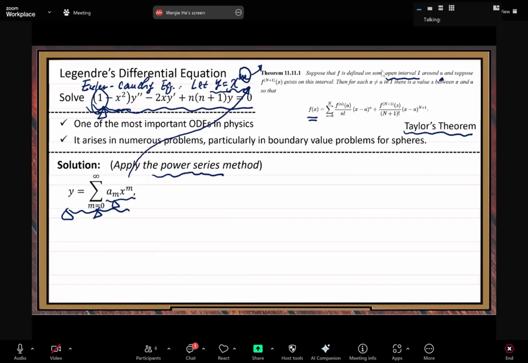suppose the nth derivative, the (n plus 1)th order derivative, capital N, this condition is important, exists in this interval. Then for each x not equal to a in I, there is a value z. So z is used to estimate this remainder term, because you need to estimate that. That z value is between x and a.